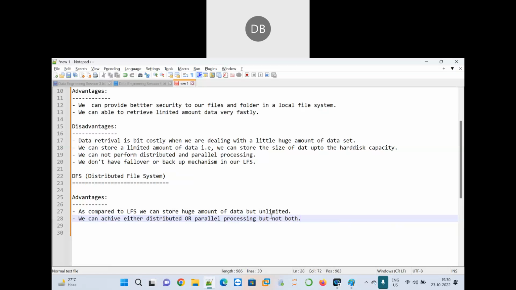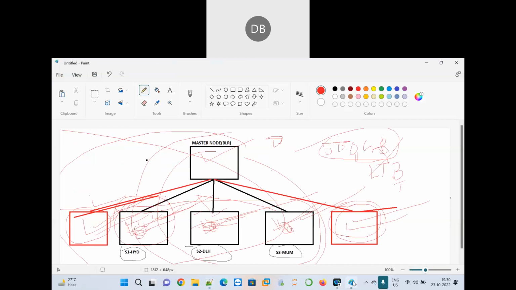Okay, what do you mean by this? Let's say I have a 10 GB file, and I want to distribute this 10 GB file: here I have kept 2 GB, another 2 GB here, another, let's say, 4 GB, and another 2 GB here. No doubt my data is distributed into multiple nodes.